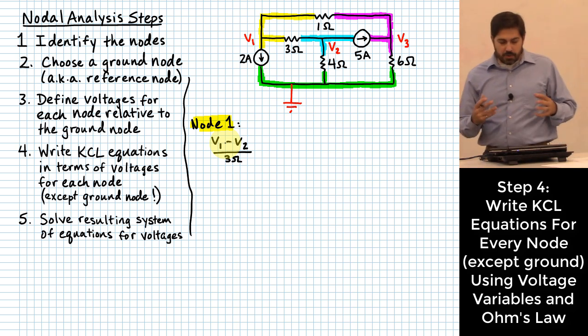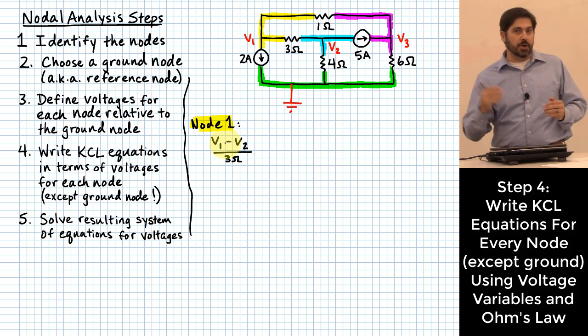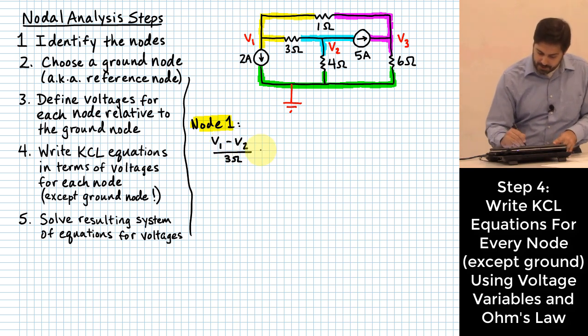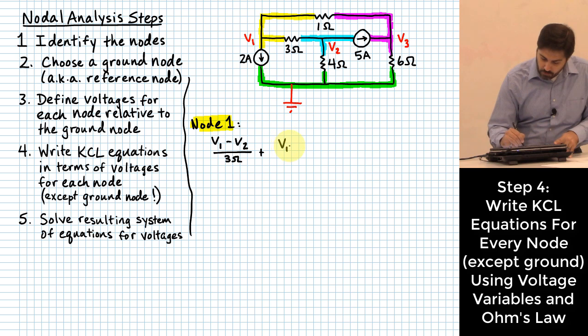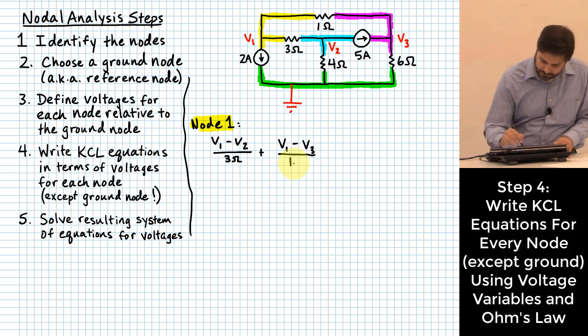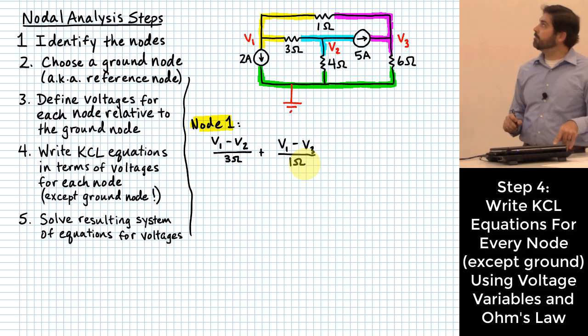Now what would the current be flowing from the yellow node to the purple node? Based on the same logic, you would do V1 minus V3 over 1 ohm. So far so good.